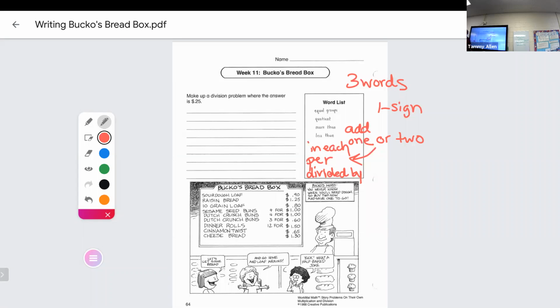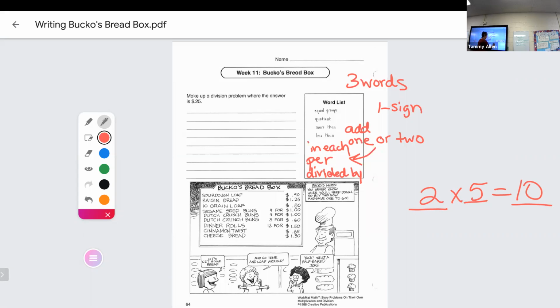Anybody? All right, yes. How would you make a division problem? If you're having trouble, remember, how would you make a division problem if you had a multiplication problem like that?